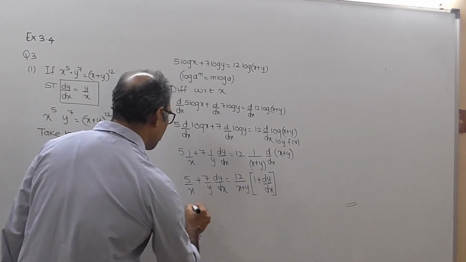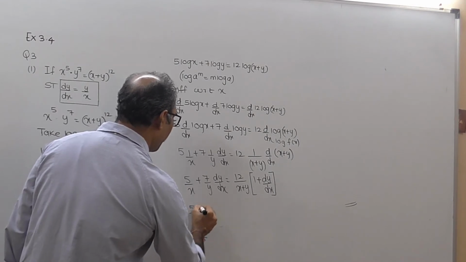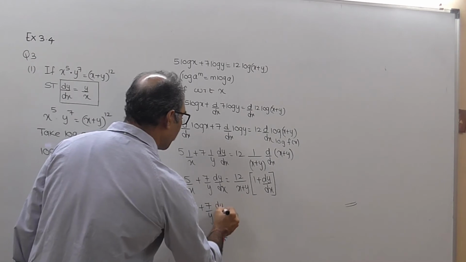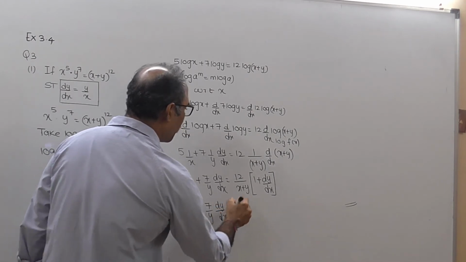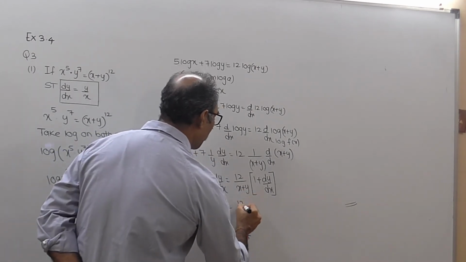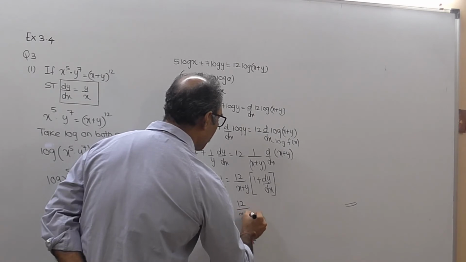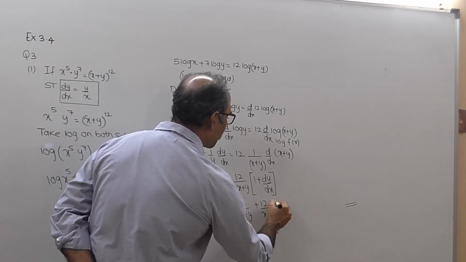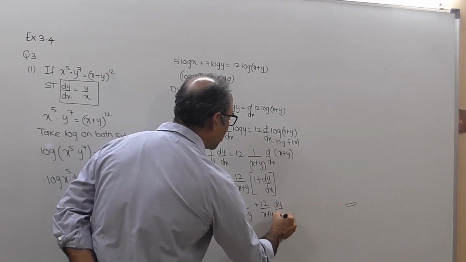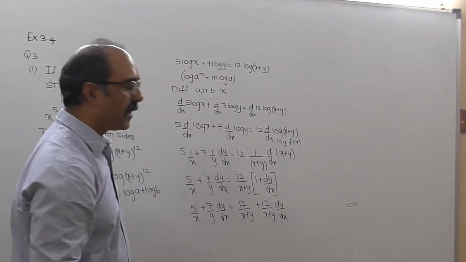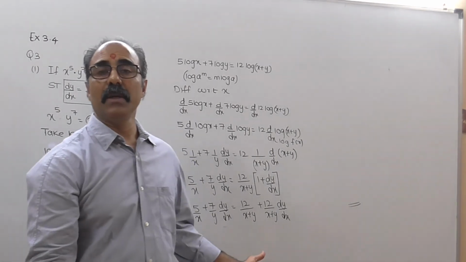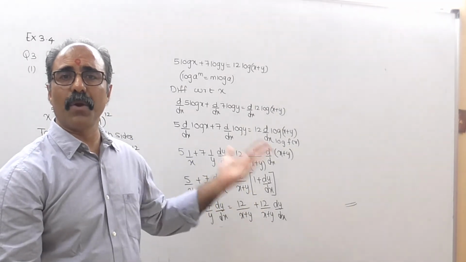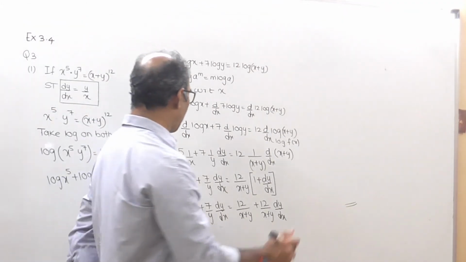So this is 5 upon x plus 7 upon y dy by dx. 12 upon x plus y into 1 is 12 upon x plus y, and second is 12 upon x plus y into dy by dx is 12 upon x plus y dy by dx. Now what you have to do is get all dy by dx terms on one side, and non dy by dx terms you can shift to the other side.